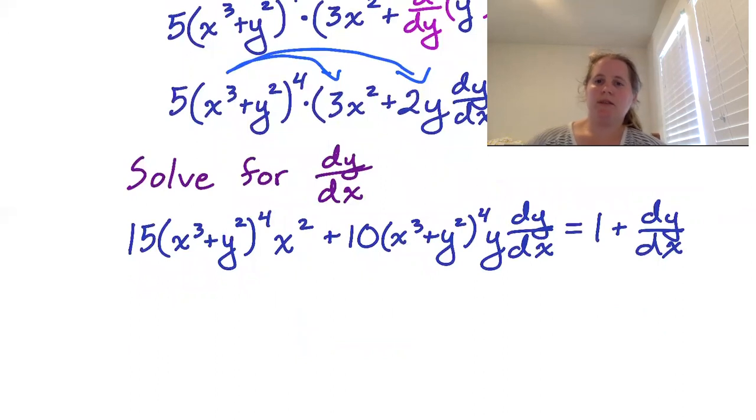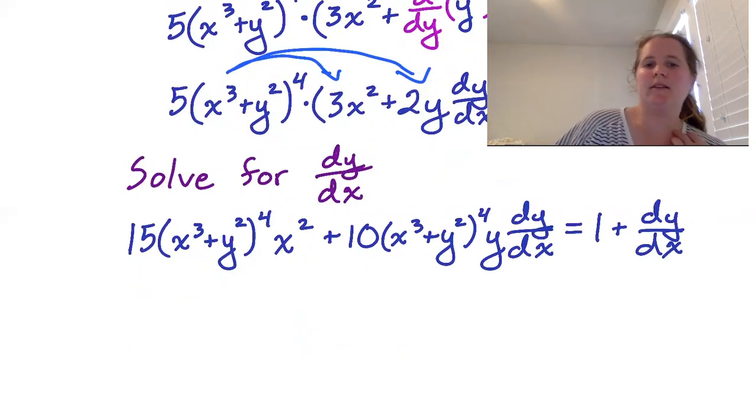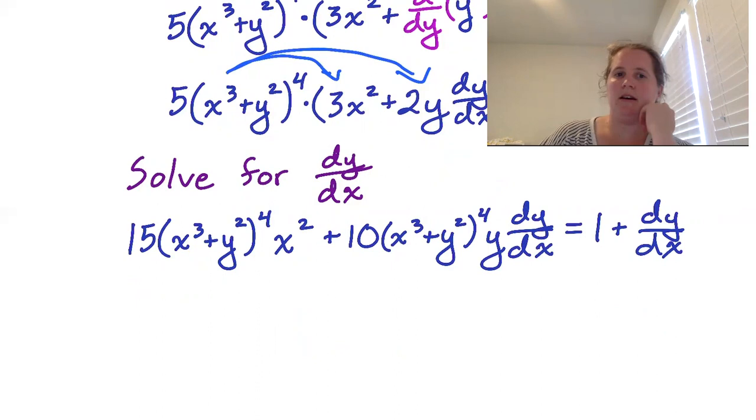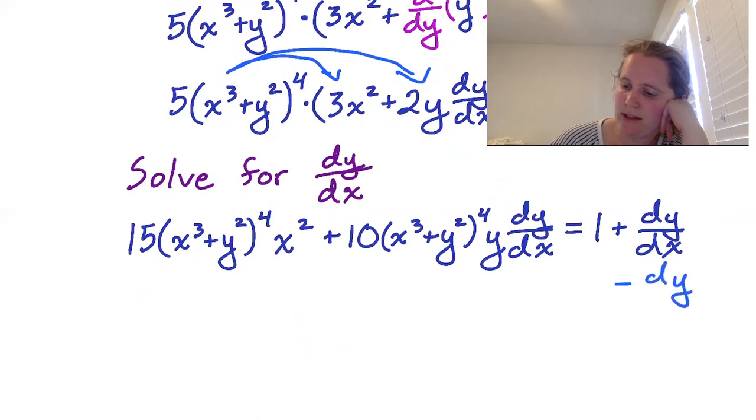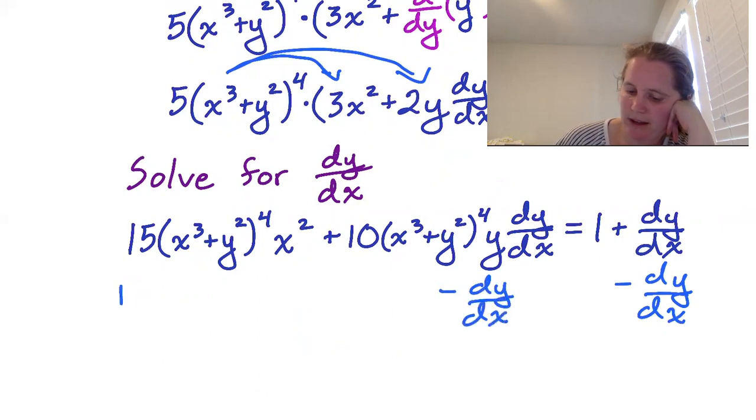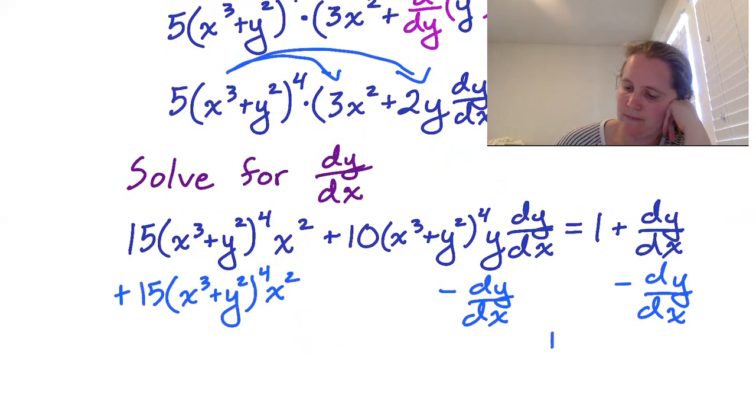Then we're going to rearrange. Let's put all the dy/dx's on the left and all of the things without dy/dx on the right. So we'll go ahead and subtract dy/dx from both sides, and we'll add our 15(x cubed plus y squared) to the 4th power times x squared to both sides.